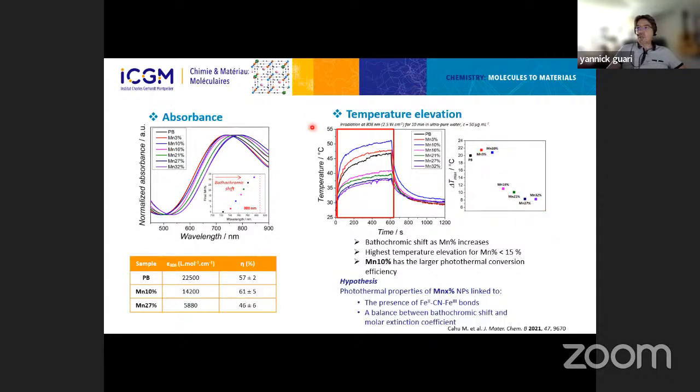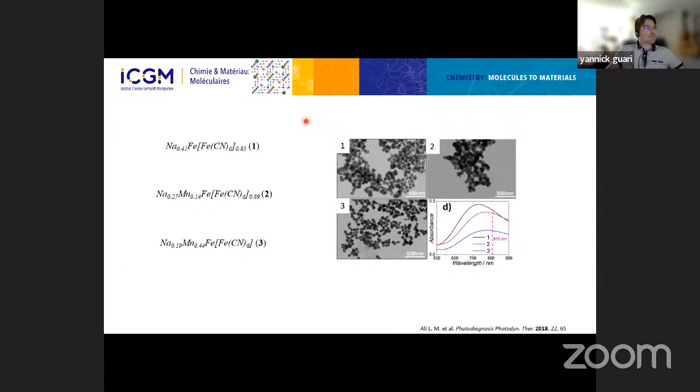We have used 3 types of nanoparticles to eradicate cancer cells: Prussian blue, Prussian blue with a low amount of manganese, and Prussian blue with a high amount of manganese. And you have here the corresponding transmission electron microscopy and the absorption spectra.